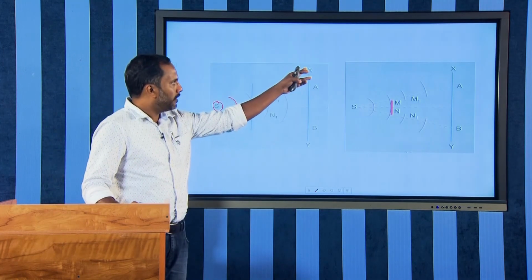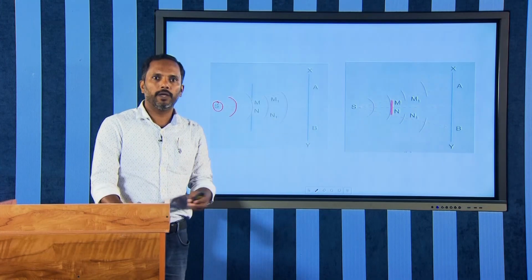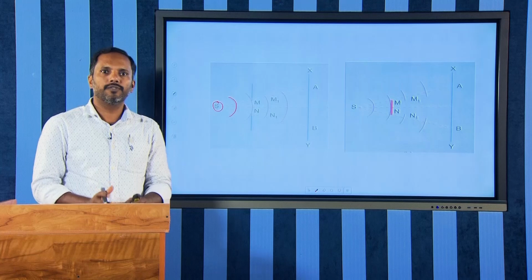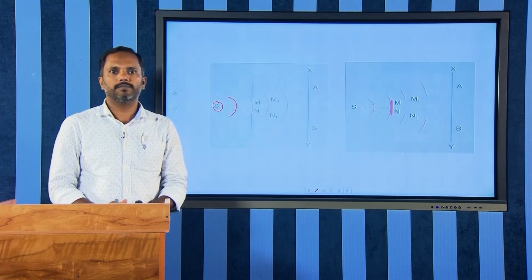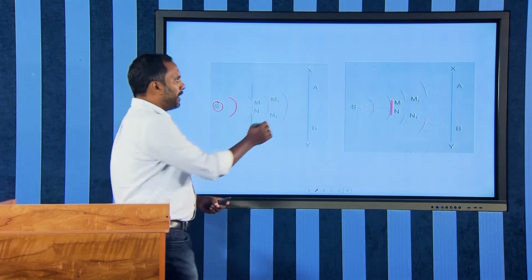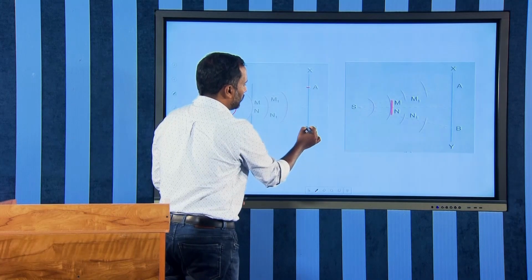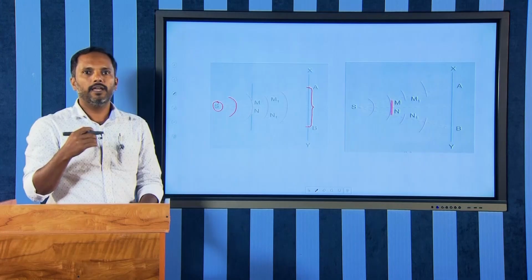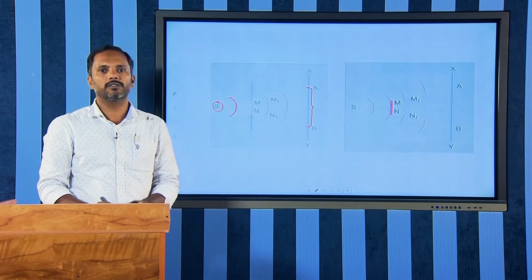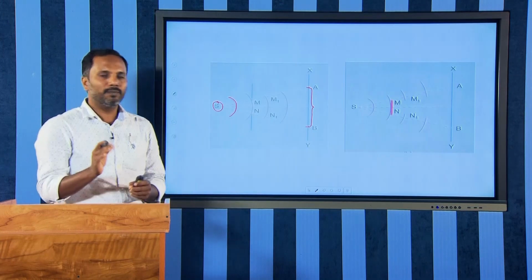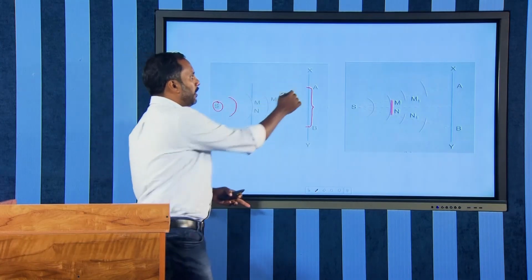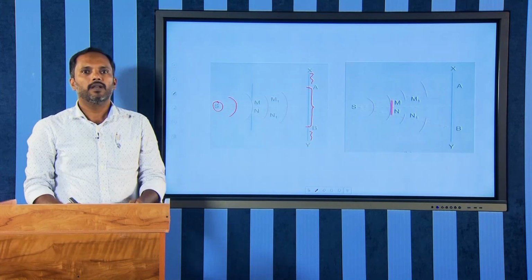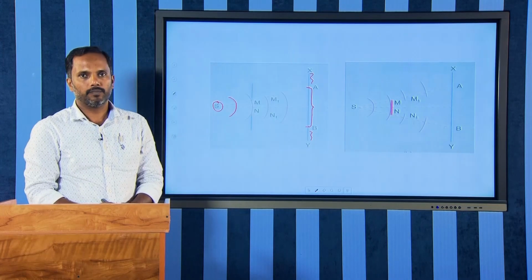Now we place a screen XY in front of the path of the light. We expect AB to be the illuminated portion on the screen, and above and below A and B, in these regions, we expect the geometrical shadow.